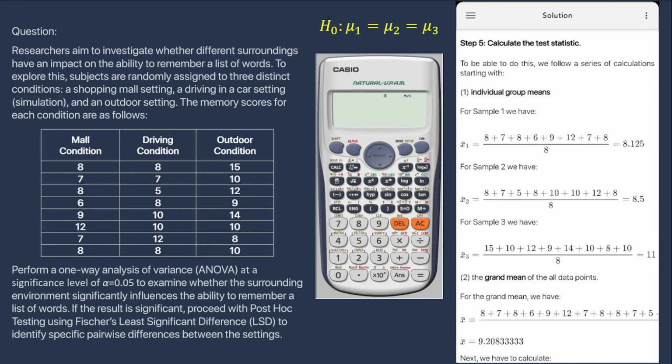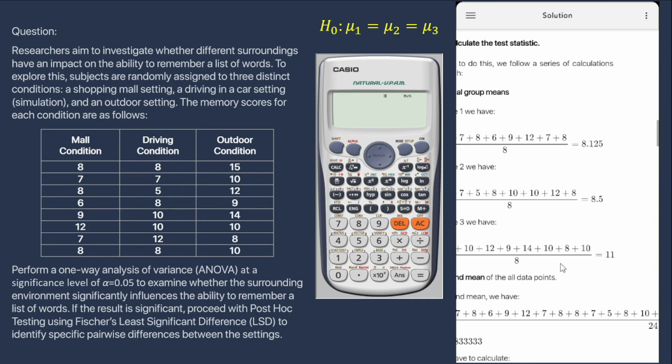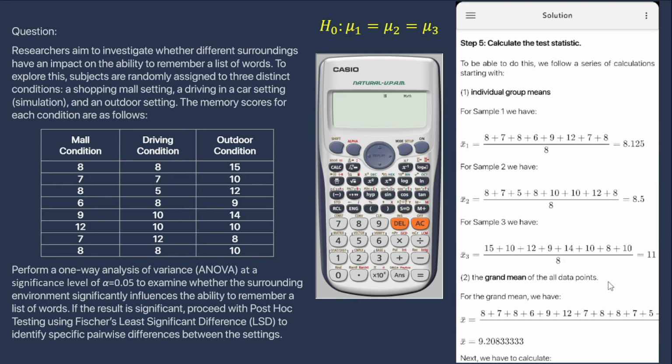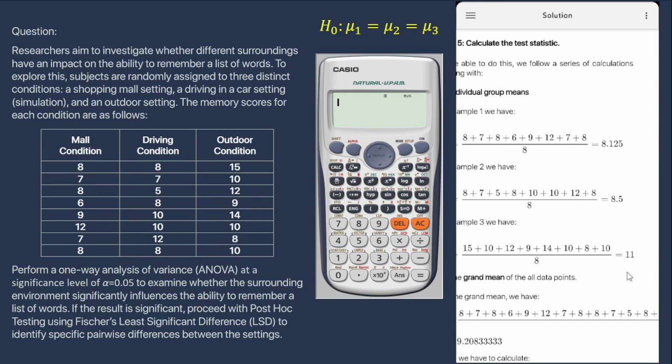As we dive into step 5, we're about to embark on the journey of calculating the test statistic. While the process may seem lengthy, remember that nothing is too challenging when we break it down step by step. First, we will need to calculate each of the sample means as shown here. Since there are 3 sample datasets, it is expected that we will have 3 sample means: 8.125, 8.5, and 11.